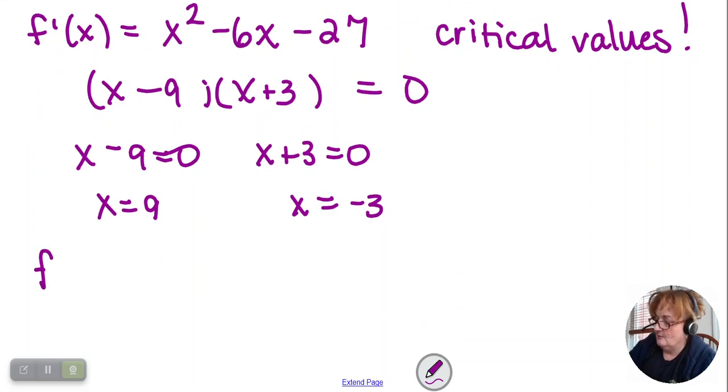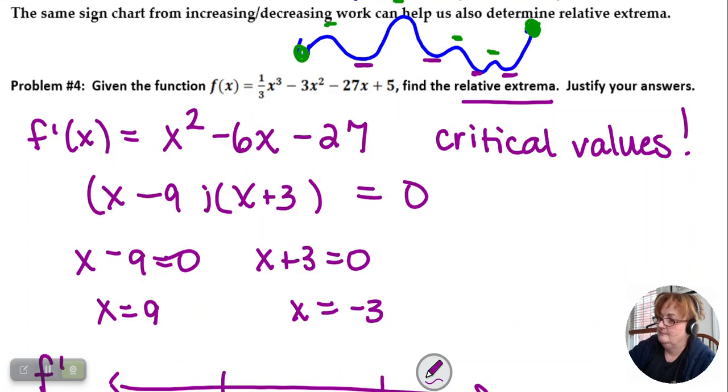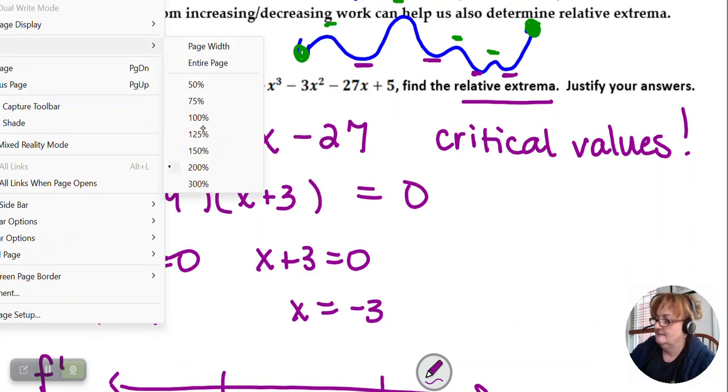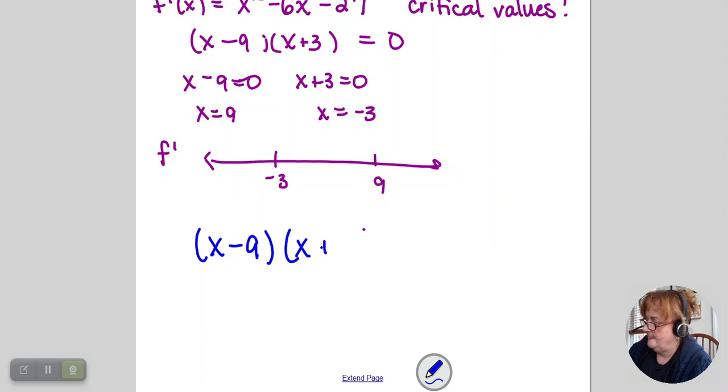When I do my number line work for f prime, and I remember to write my f prime thing here, I pretty quickly figure out, because we're doing a lot of polynomials, we have a lot of repetitive behavior, that I get this.